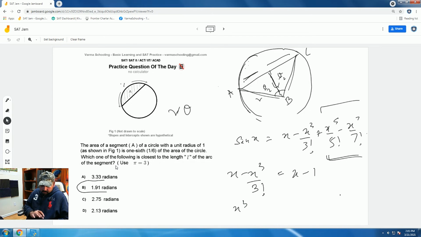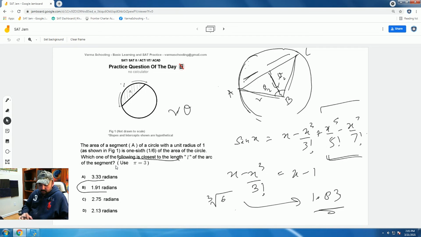The value of x comes out as something like the cube root of 6, which is about 1.83. So the answer somewhat comes in. It says, which of the following is closest to the length L? So that's another way of doing that, but you don't really need to go this deep to solve this particular type of question.